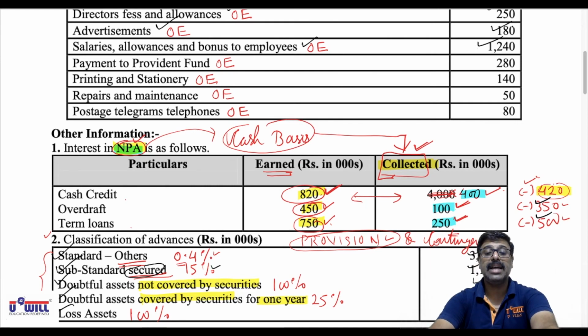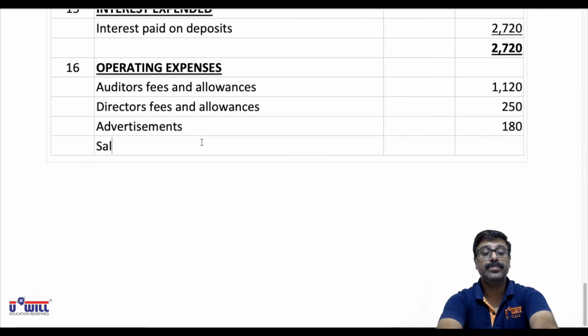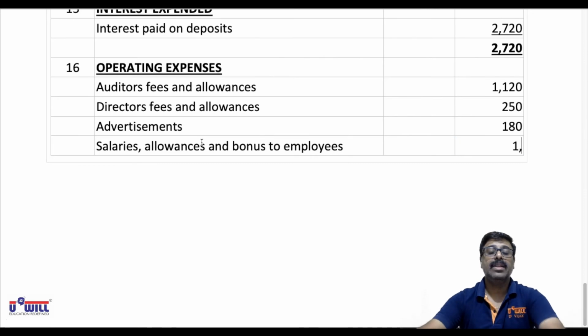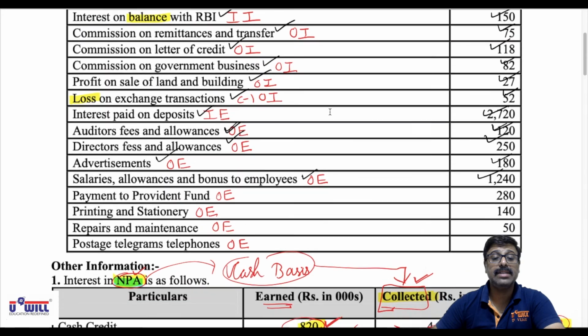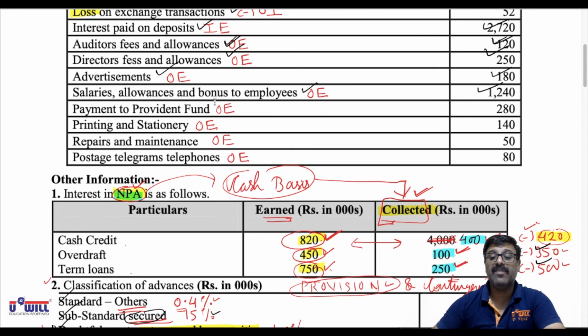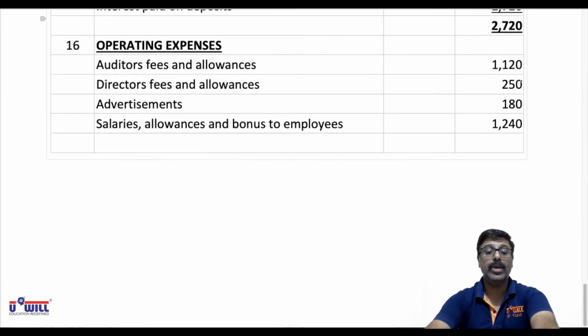So all of it, write down salaries, allowances and bonus to employees 1240. Then after that, what we have is payment of provident fund 280. So all of it on payment of provident fund 280.